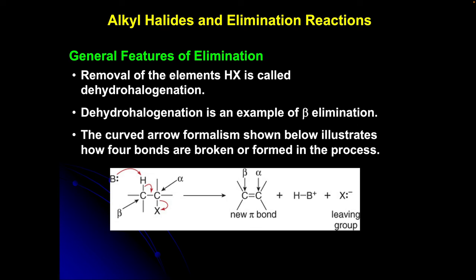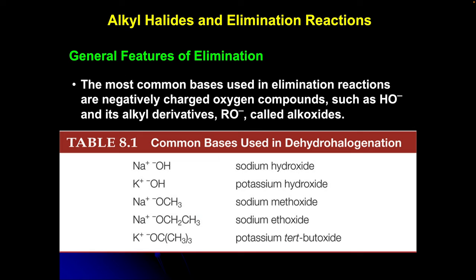So as you might imagine, some nucleophiles might give you a mixture of products because they may sometimes function as a base. We'll talk about that as well. Okay? Here are the common bases that are used in this so-called dehydrohalogenation. That is just the abstraction of HX to form a carbon-carbon double bond.